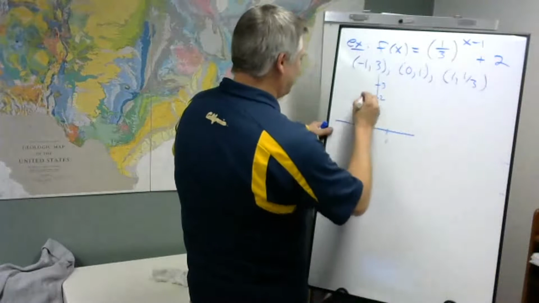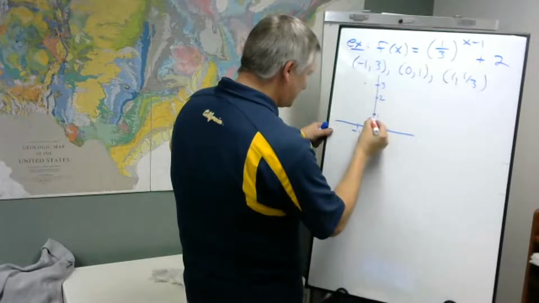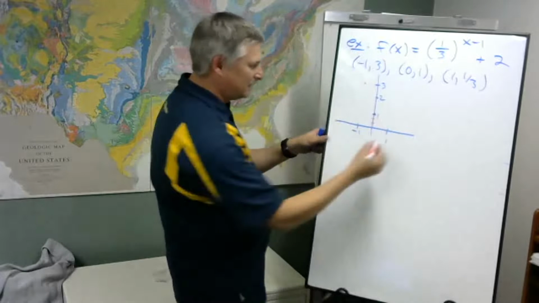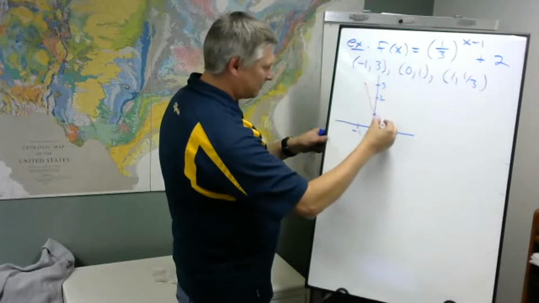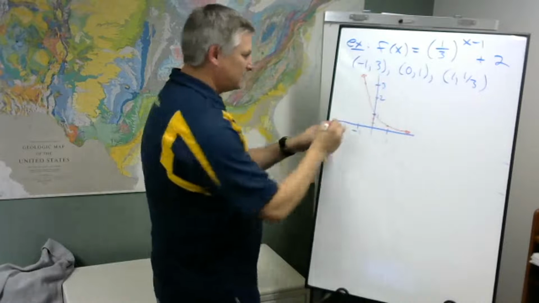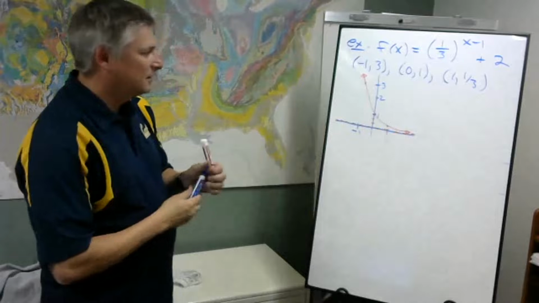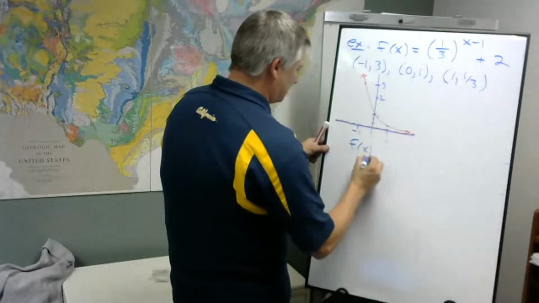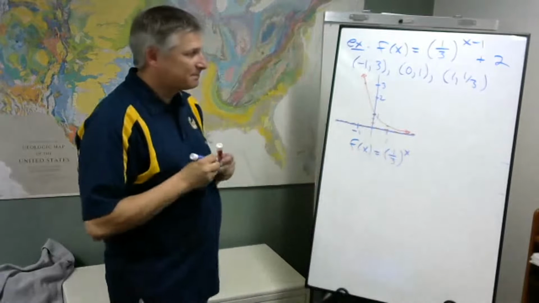So -1 and 3 is here. 0 and 1 is here. 1 and 1/3, so this is basically 1/3, 2/3, and a whole, so this would be about 1/3. And so this is our horizontal asymptote. So this is going to be f of x equals 1/3 to the x.